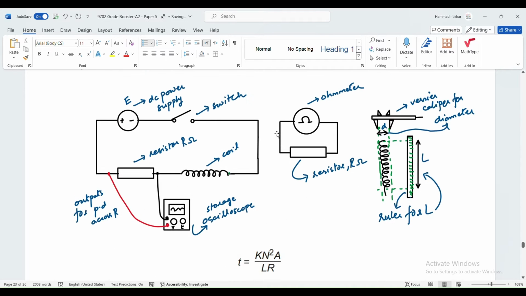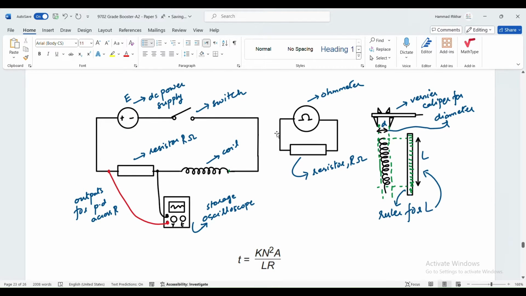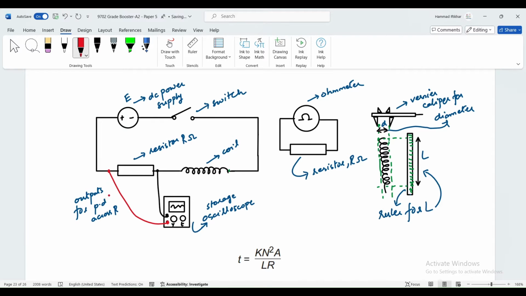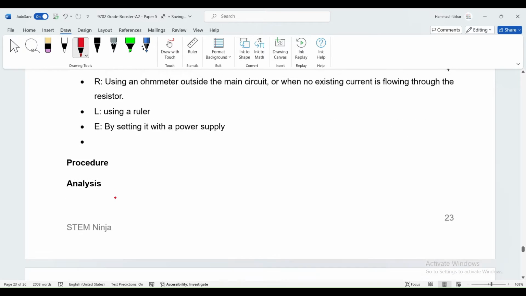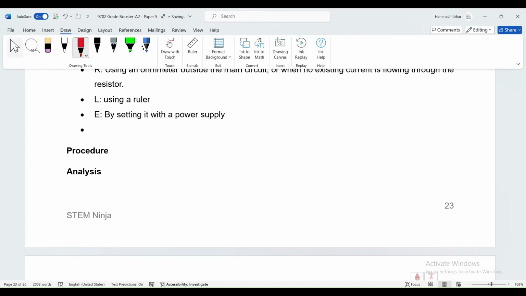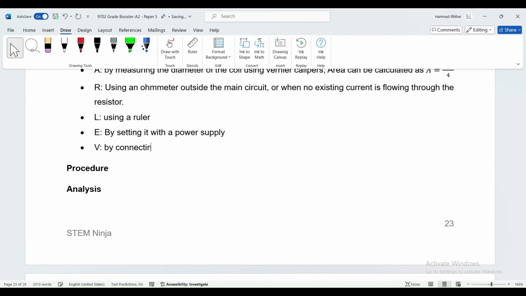Did we say what this is? Let's write over here. V, PD V. V by connecting an oscilloscope across the resistor.